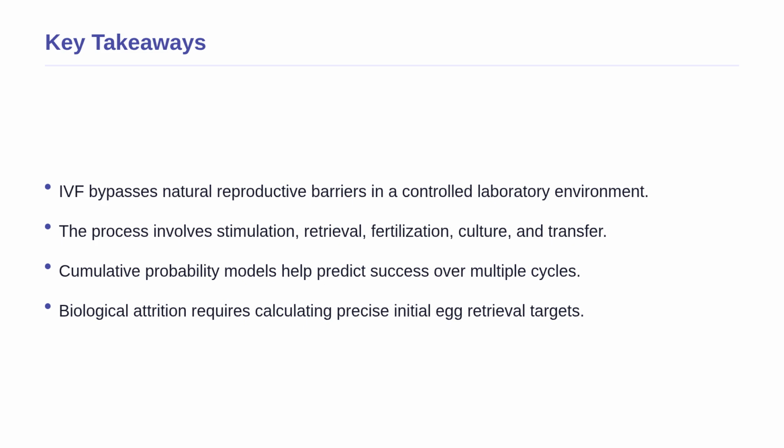Third, because biological variables exist, we use cumulative probability models to realistically predict success over multiple cycles. Finally, understanding biological attrition allows doctors to calculate exactly how many eggs to retrieve. You now understand both the biological mechanisms and the statistical realities of this life-changing technology.